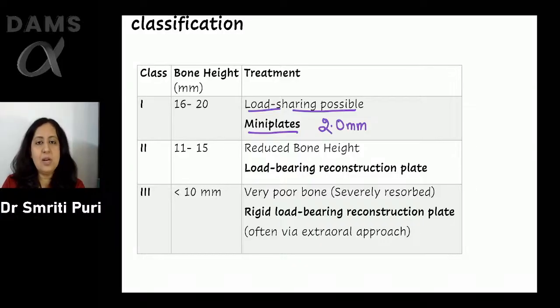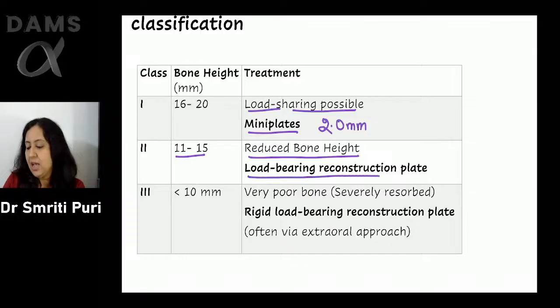Alright, in a class 1 you can still use mini plates. Fine. In class 2, the bone height is reduced, so you need a load bearing reconstruction plate. Okay. And similarly in class 3, you need a rigid load bearing reconstruction plate via extraoral approach.